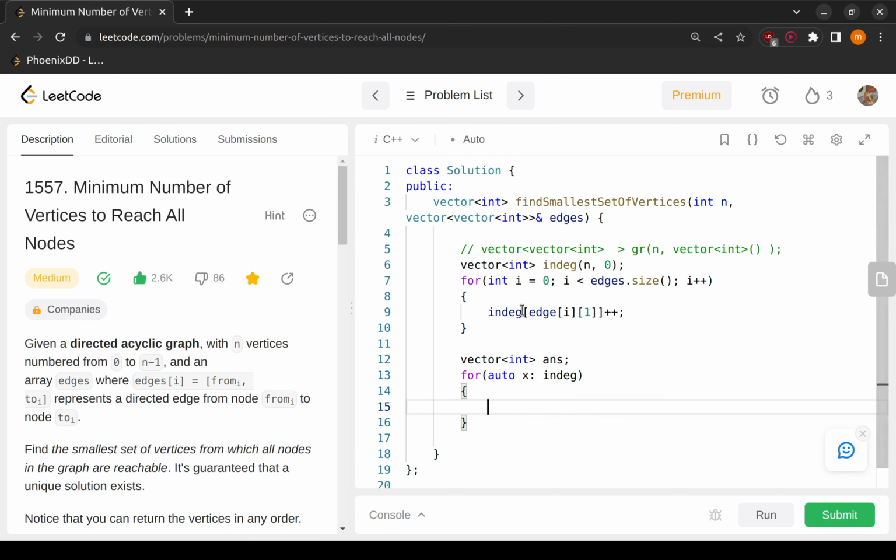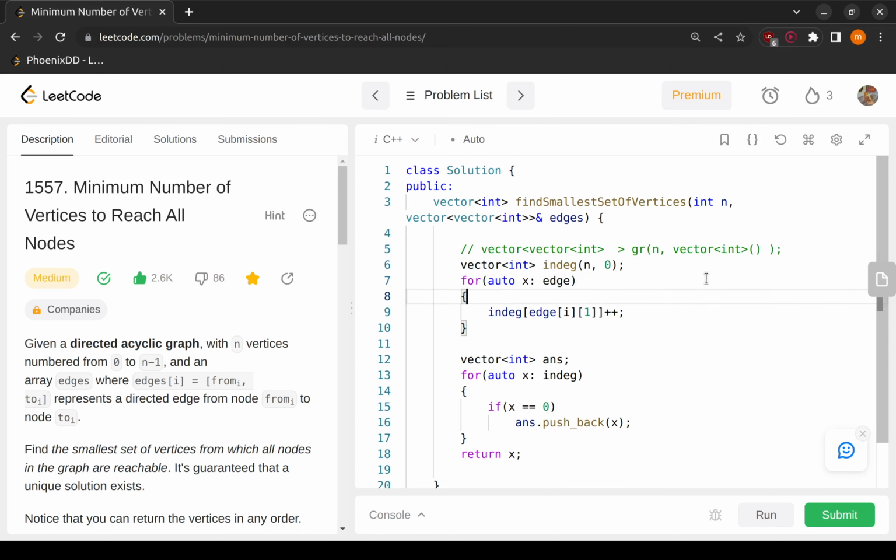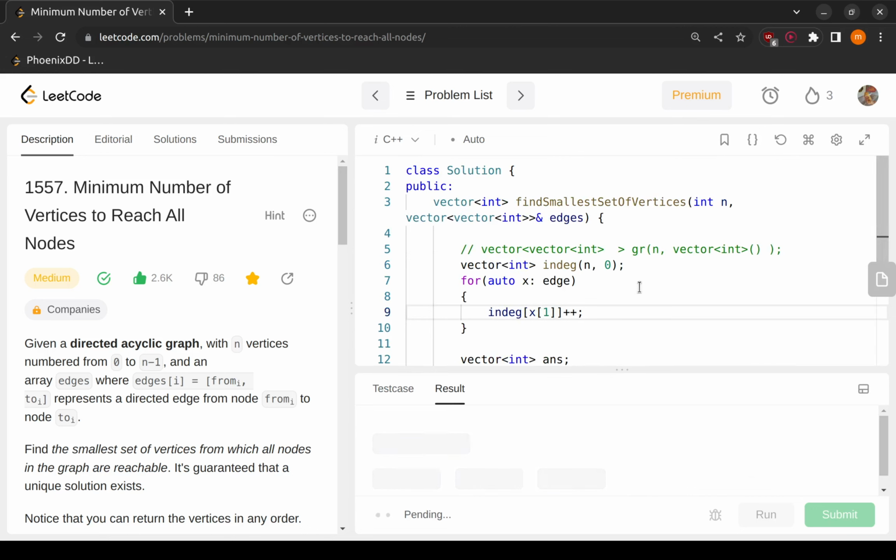If in degree of x equals 0, answer dot push back x, and then we return the answer. And let's try to simplify the code here too.